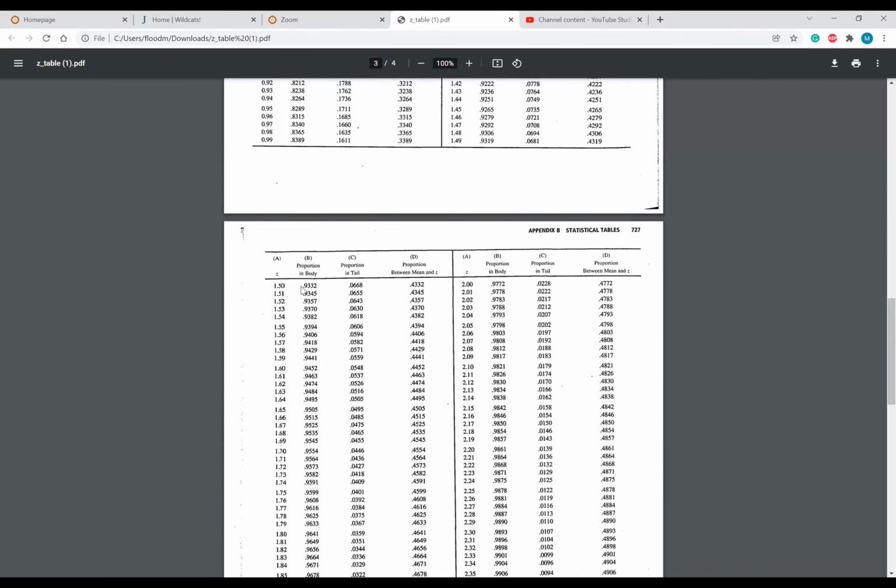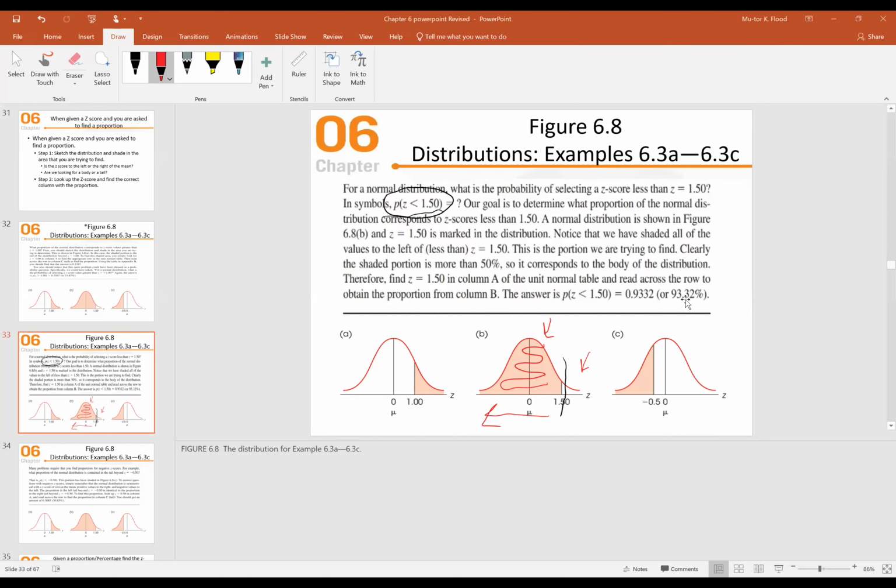We are looking for a body, so we look for the corresponding proportion in column B, and that gives us 0.9332, or 93.32% of the scores are going to have a z-score less than 1.50.